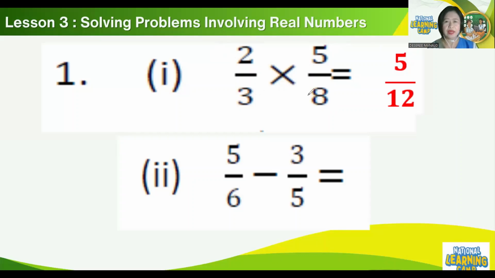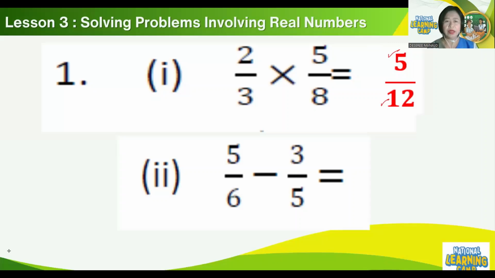Since 2 and 8 have the common factor 2, divide 2 by 2, so it is 1, and 8 divided by 2 is 4. So 3 and 5 cannot be cancelled. Just multiply 1 and 5, so the answer is 5. And then 3 times 4 is 12. So that's why the answer is 5/12.